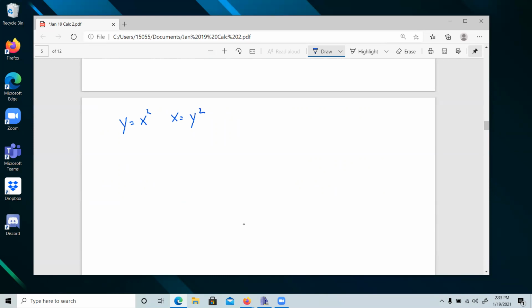We got y equals x squared, x equals y squared. And again, we want to rotate this around y equals 1. Okay, so this is why you want to draw this thing out, because this is a confusing problem. Okay, and if you're looking at this and thinking, well, it's a little rough, like, you're right, this is a little rough. Okay, what does y equals 1 look like?